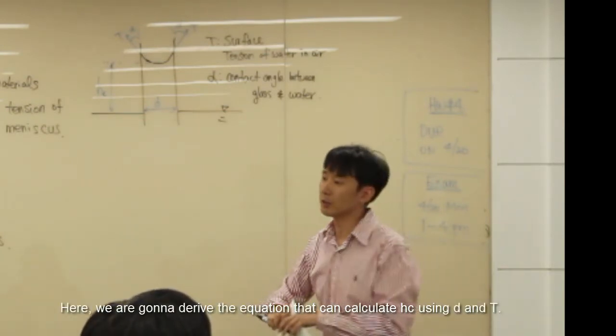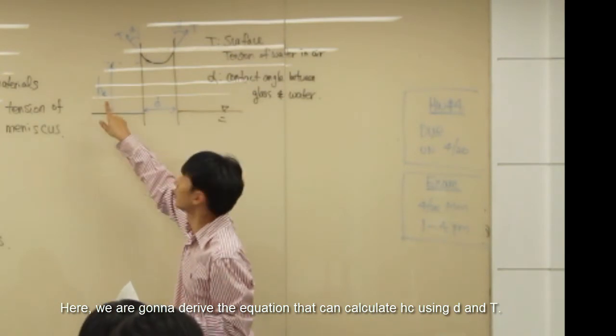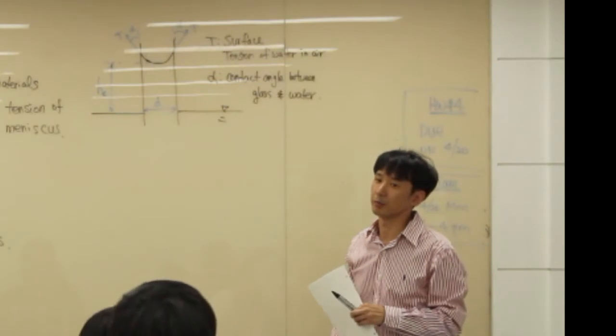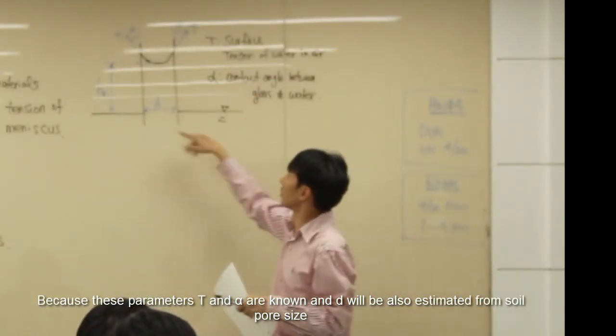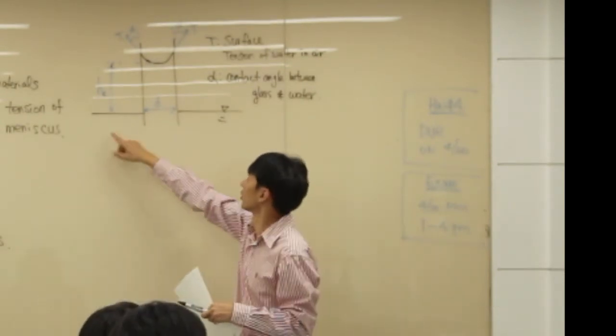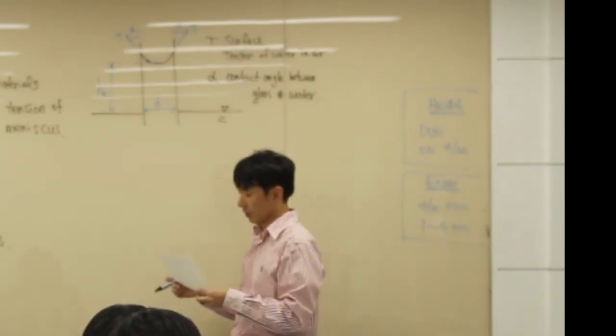So here we're going to derive the equation that can calculate the HC using the diameter and the surface tension parameters. Because these parameters T and alpha are known, and D will also be estimated from the soil side, the HC is still unknown, that we want to calculate.